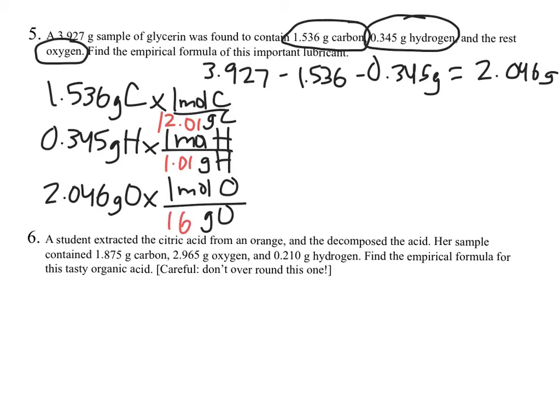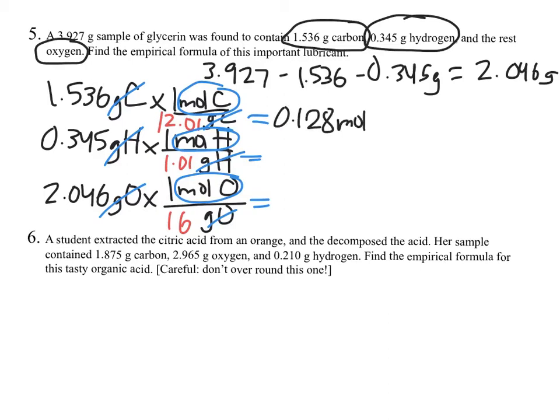Remember, the reason this works is because grams of carbon cancel, grams of hydrogen cancel, grams of oxygen cancel, and you're left with the units of moles for all of them. All right, so let's quickly take the masses and divide by their molar mass, and we can get our answers. 1.536 divided by 12.01 ends up getting us about 0.128 moles of carbon.